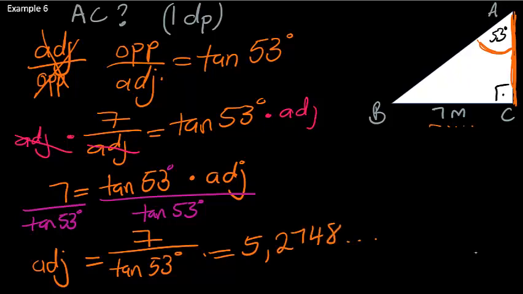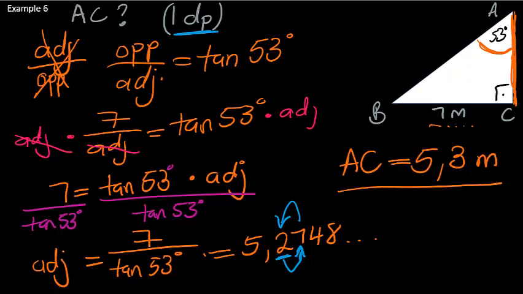They're saying 1 decimal place. This is 1 decimal place. I look at the number next door, which is 7. 7 says go up, which means 2 changes to 3. So my final answer is that adjacent, which is AC, is equal to 5,3 meters rounded off to 1 decimal place. That's how you answer this question.